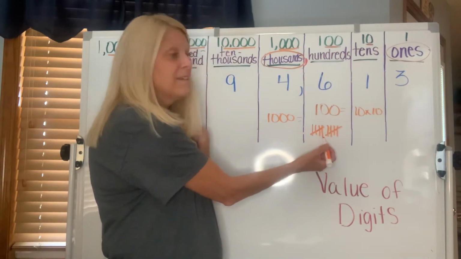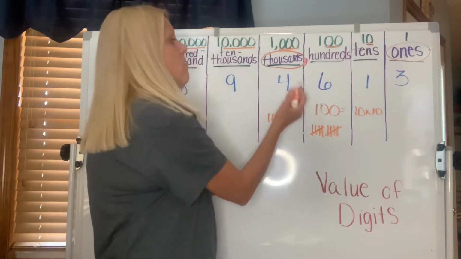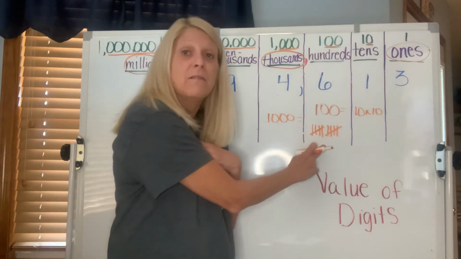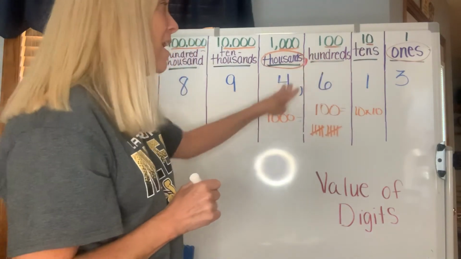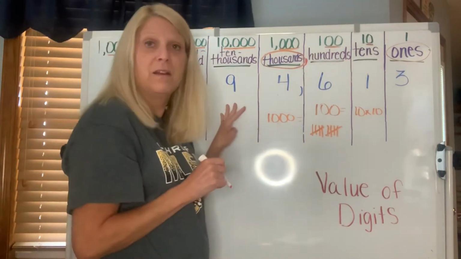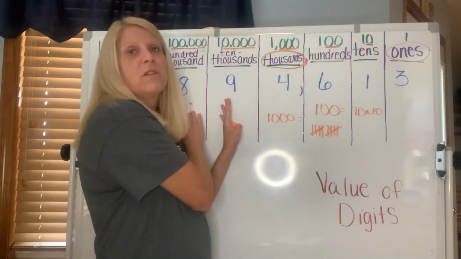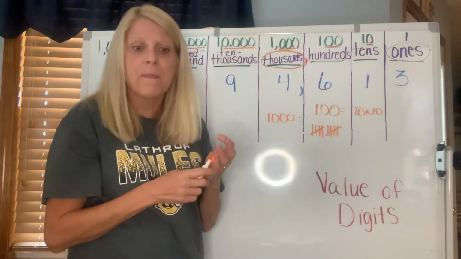And 10 hundreds is equal to 1,000. So 1,000 is equal to 10 of our 100s. So you see, each time we go to the left on our place value chart, that value increases by 10.